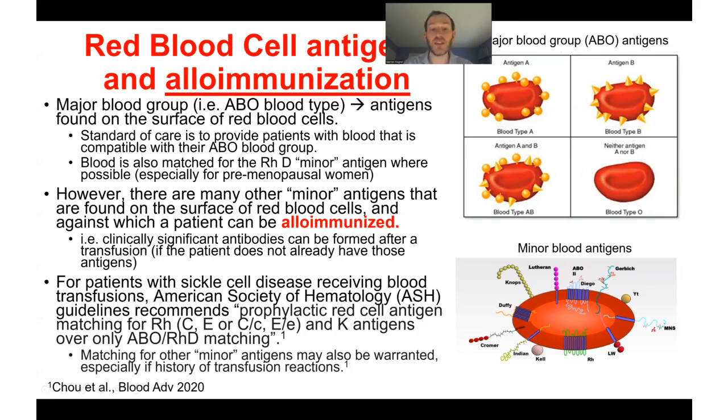For patients with sickle cell disease who receive blood transfusions, the American Society of Hematology guidelines recommend prophylactic red cell antigen matching for a variety of minor antigens at Rh and Kell, above and beyond the standard of care for all other patients, which is ABO and RHD matching. And for patients who have a history of transfusion reactions, matching at other minor antigens may also be warranted.